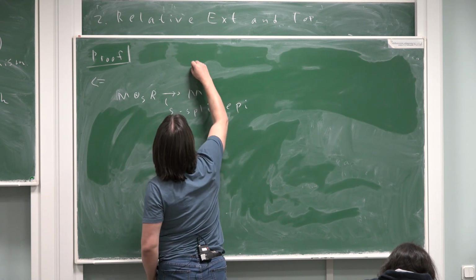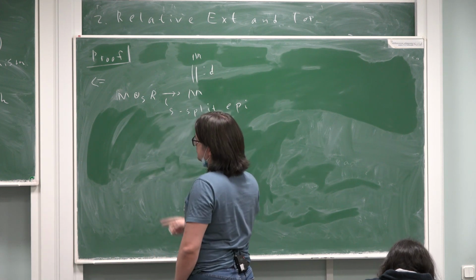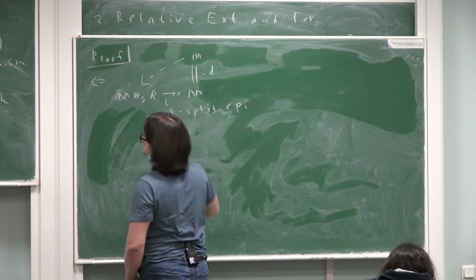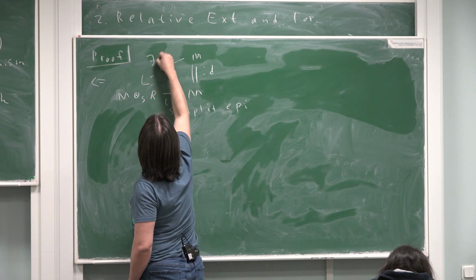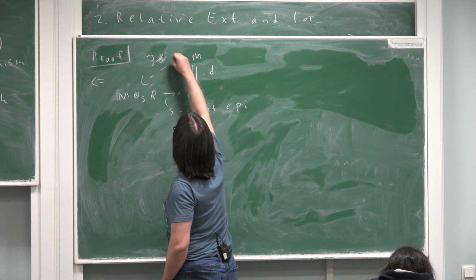And if we put here the identity, then by the universal property, there is an R splitting here. So we are done.